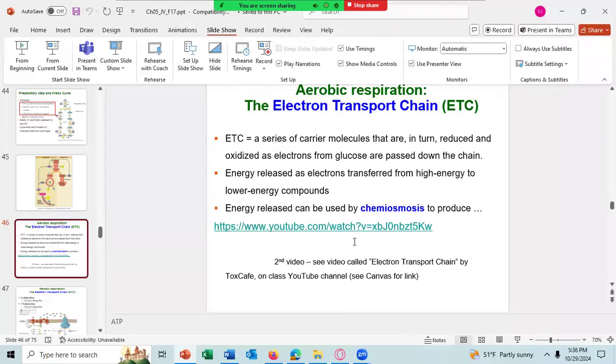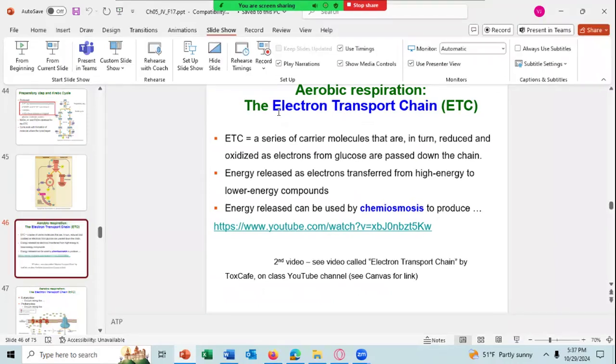All right. So we now come to the electron transport chain. At the moment, we're only talking about aerobic respiration, although in anaerobic respiration we do have the electron transport chain as well. The electron transport chain is a series of carrier molecules, mainly proteins, that are in turn reduced and oxidized as electrons, which initially came from glucose, are passed down the chain.